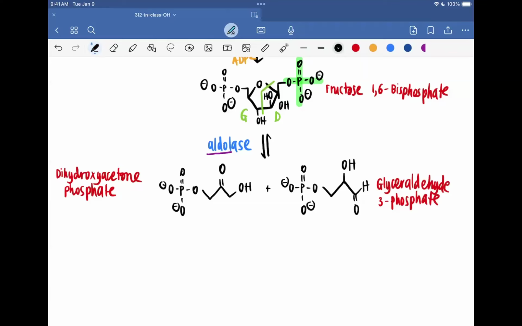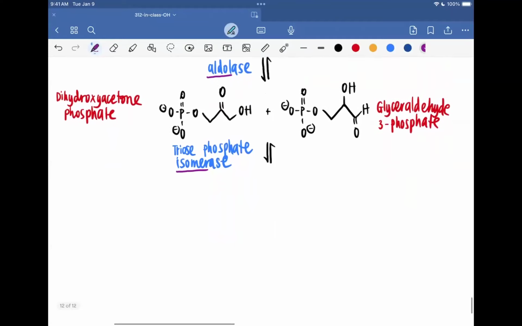The last step of our preparatory phase is catalyzed by the enzyme triose phosphate isomerase, which is abbreviated as TIM or TPI. And so the word isomer is indicating that we're going to have the same chemical formula, but a different arrangement.